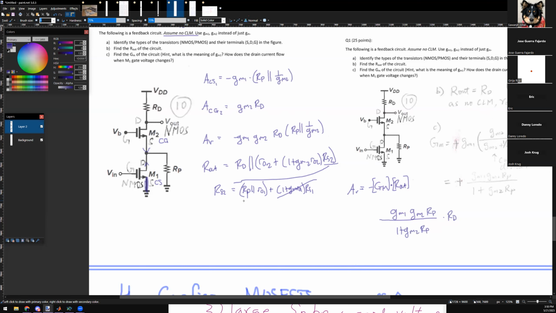Finding the R out is really terrible when the circuit is cascaded. Once you find the R out, then you do the division. But for this circuit, R out is RD in parallel with infinity.